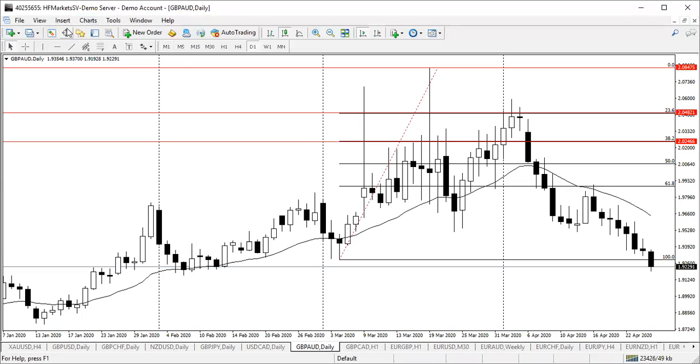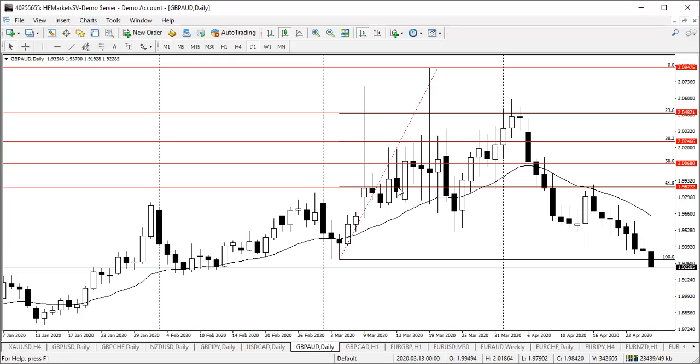So I mark my levels. And I wait. Can you see how price came to retest the 61.8 and then went all the way to 100.0? Yes.